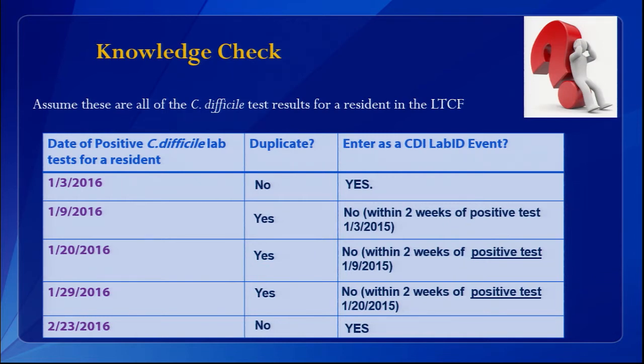Now, I want to bring something up just to make you aware. So going back to the 120, it's really important to keep a log of your positive specimens because the application has a business rule built into it that will not allow a user to enter a duplicate lab ID event. However, the application doesn't know about all of the positive specimens that the resident had, right?